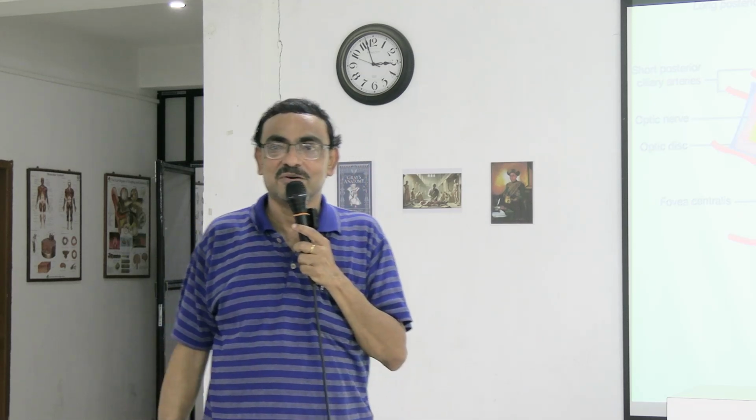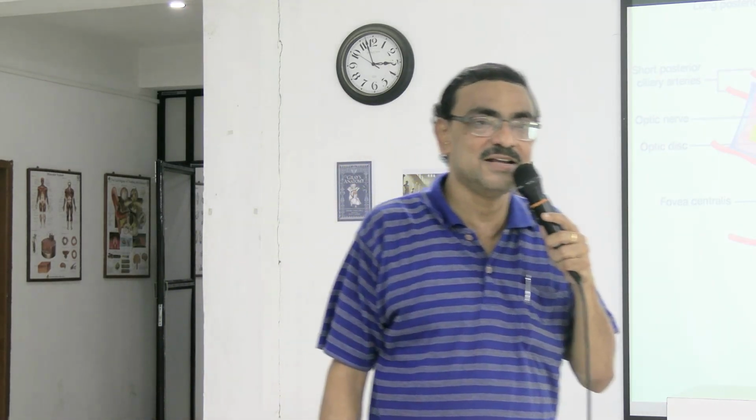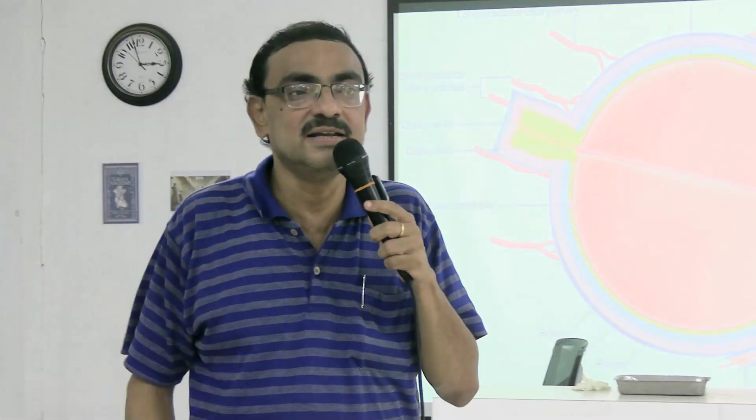Parts ciliaris retini, parts iridis retini. It is difficult, but if you cannot remember, ciliary part of the retina and iridal part of the retina, or parts ciliaris retini, parts iridis retini.